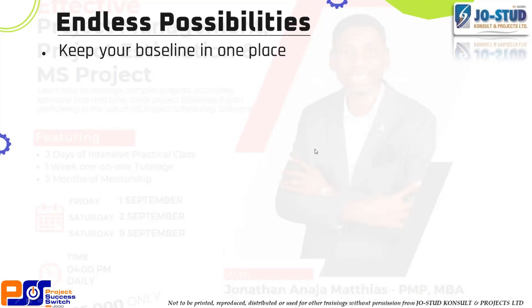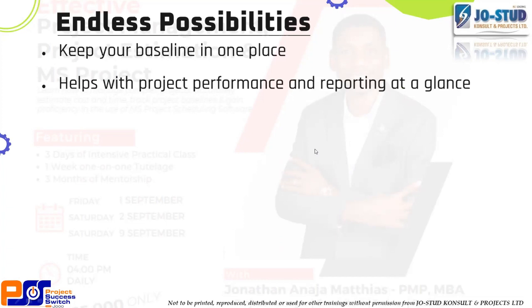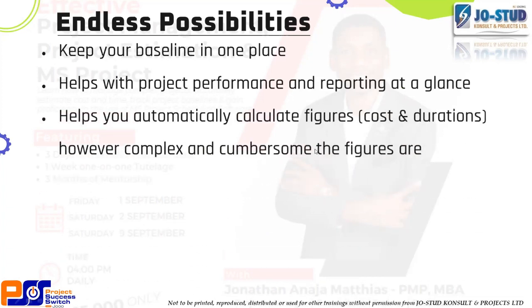MS Project gives you a summarized destination for your baseline. So it helps you with project performance and reporting. At a glance, you see all of that. It helps you to automatically calculate figures, cost and duration, however complex and cumbersome the figure is. We've done it. I've told us about the 400,000 units project I manage. I told us about the one we just finished, about 248 units.